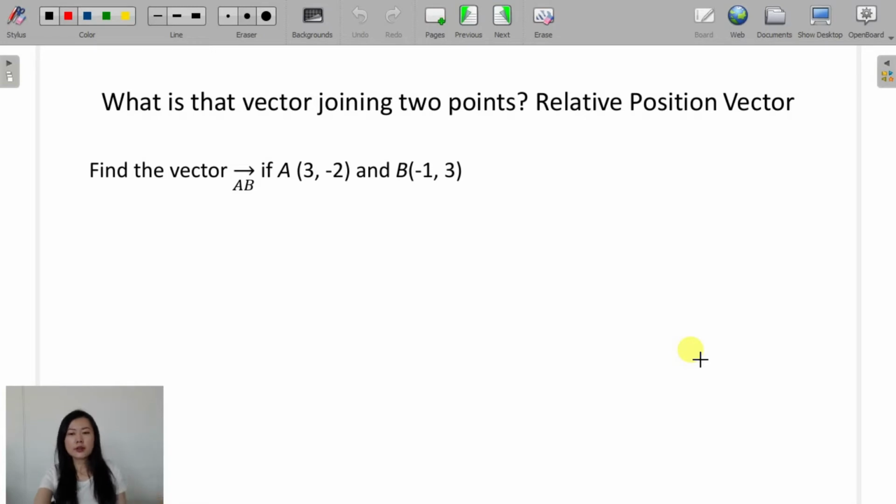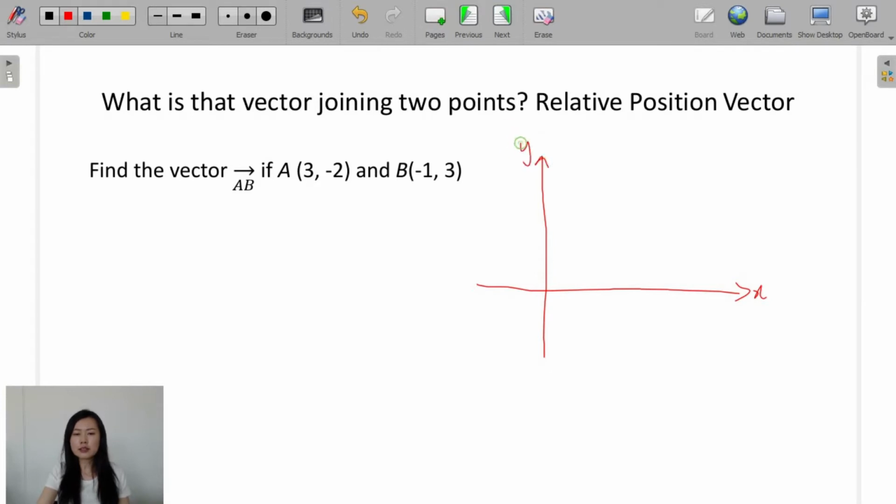Okay, so the next concept I want to talk about is the relative position vector. Now, I just want to draw this up first. While the first part of today's video is more or less just working on the algebra components, right? So 3, minus 2. You know what? I'm going to clean that up.